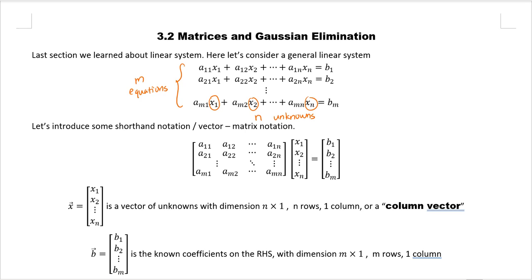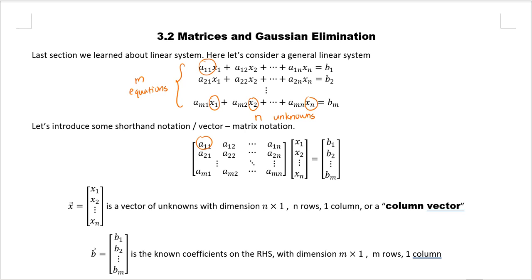Okay, so let's introduce some shorthand notation, which is the vector-matrix notation. For the matrix, let's put all the coefficients into the matrix. A11, so the rows correspond to the equations, the columns correspond to the unknowns, right?